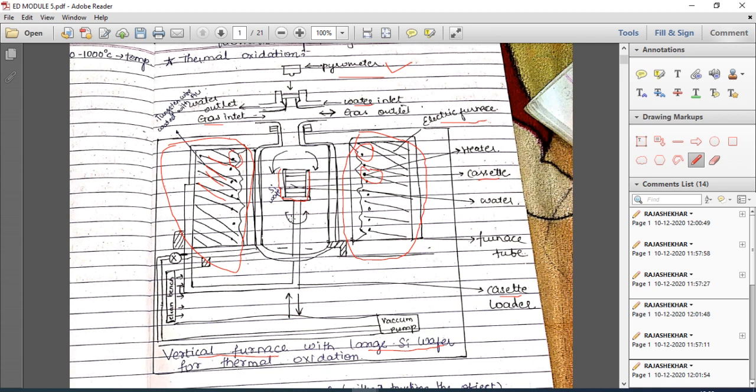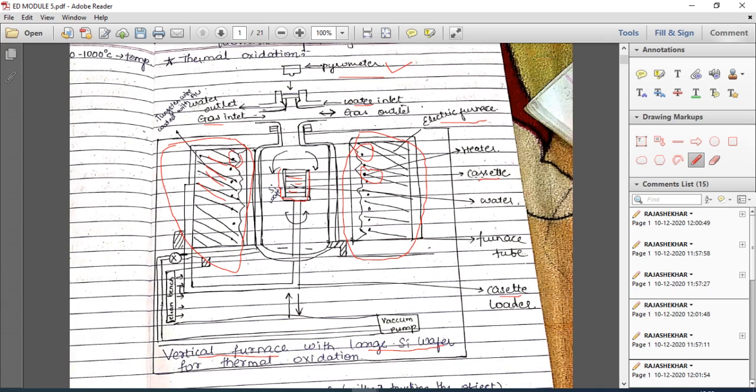A wafer is nothing but a quantity of silicon which is placed in this cassette. Inside the cassette, these lines which are shown here are nothing but silicon wafers, or a piece of quartz which is placed here. A piece of quartz, in other words, we call it silica.